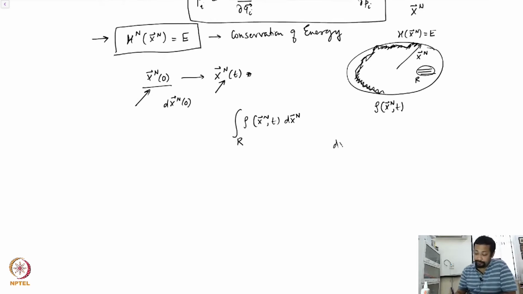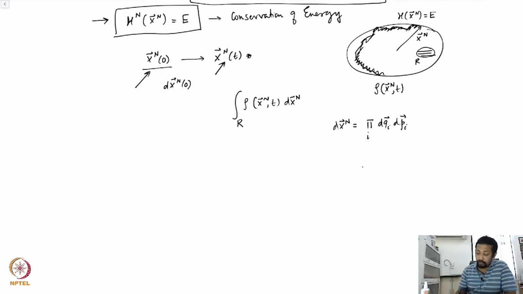Where dxn, the measure, is dqi dpi. On the surface, you also need to include delta of h of xn minus E, right? Nevertheless, we will see that we can circumvent this delta function only in the thermodynamic limit, but that we will do later on.